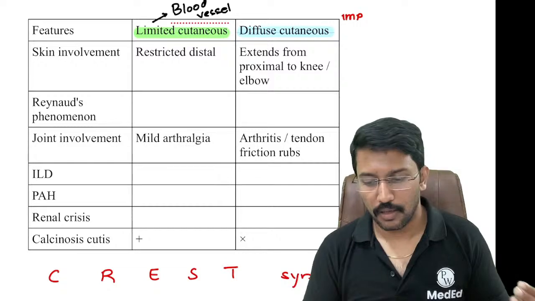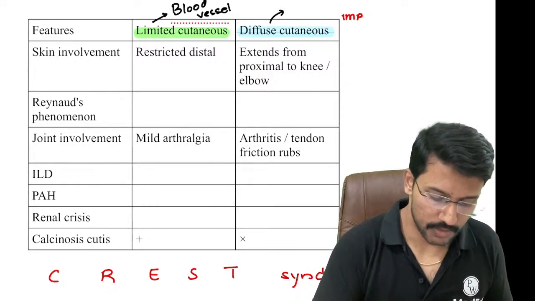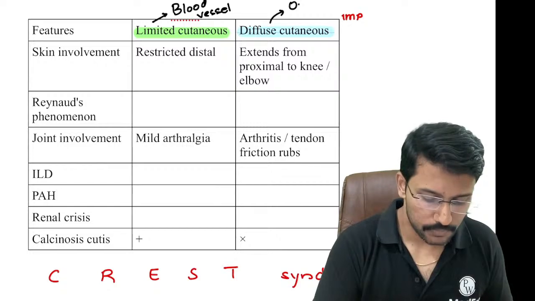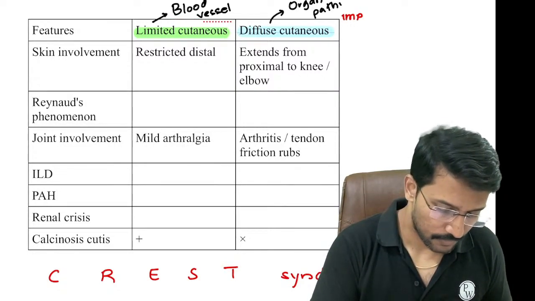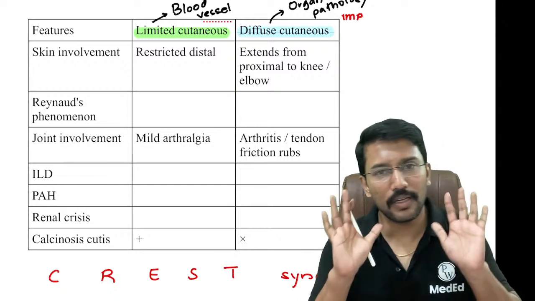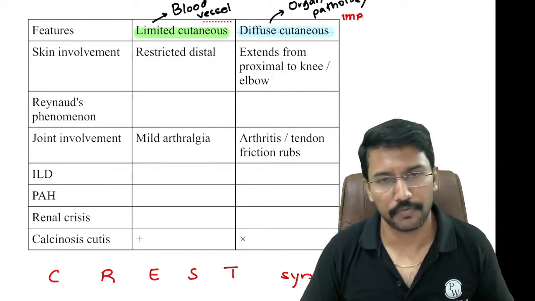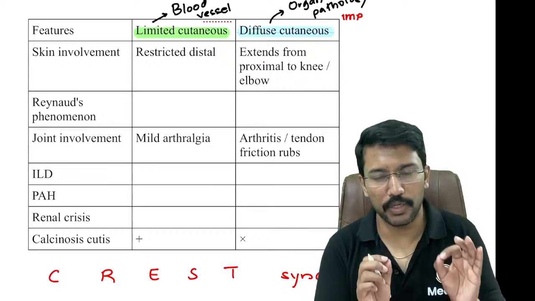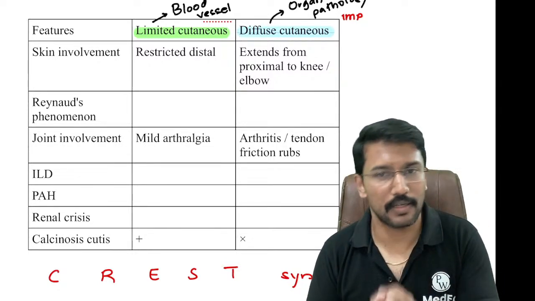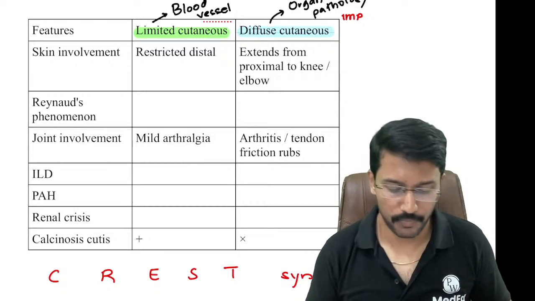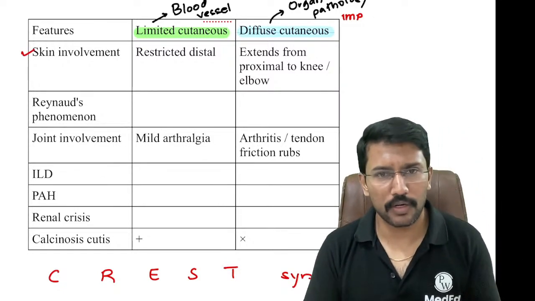And whenever you think of diffuse cutaneous, think of organ pathology. All we need to do is only keep these two things in mind, and the rest of the table will emerge clear itself. Blood vessel, limited cutaneous का मतलब think of blood vessel, diffuse cutaneous का मतलब think of organ fibrosis or organ pathology, right? So first thing is the skin involvement, which we have already studied, right?